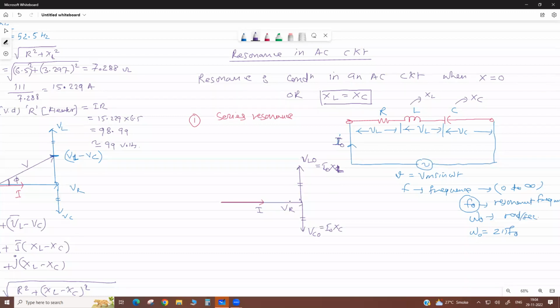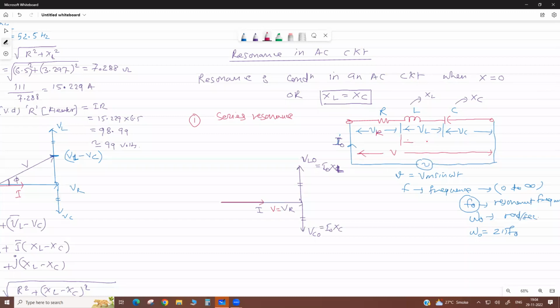It means the total voltage appears across the resistance only. There is also voltage across VL and VC, but they are opposed.